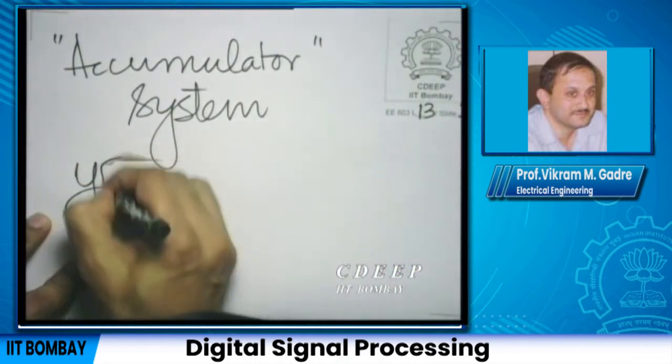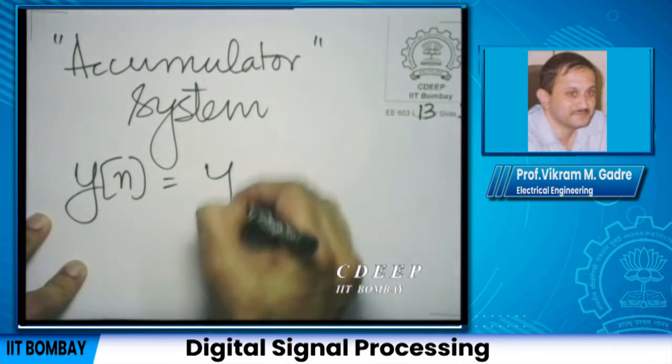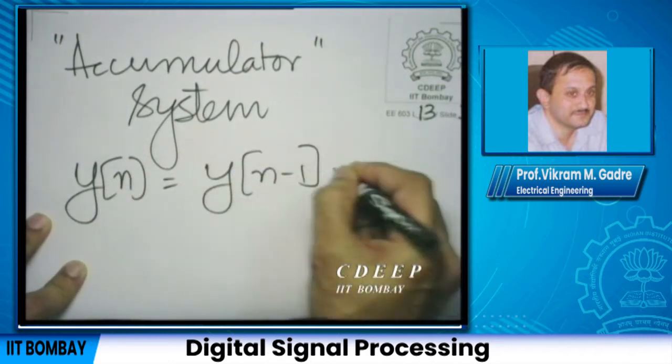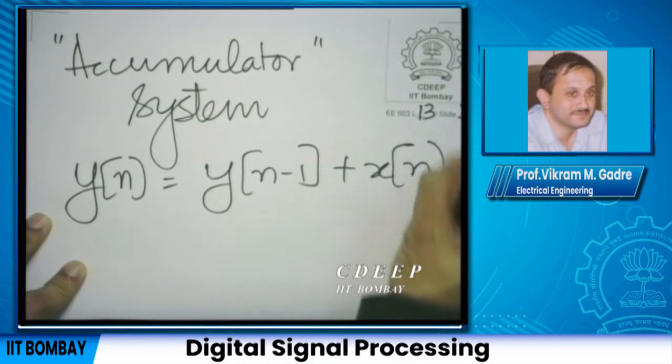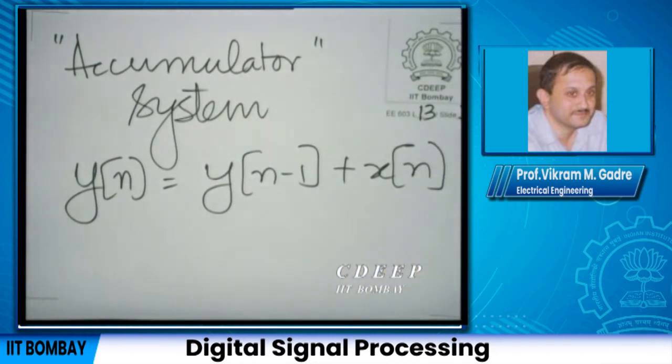So, an accumulator system, as the name suggests, accumulates the inputs. So, it keeps taking the sum of what it already has with the current input.